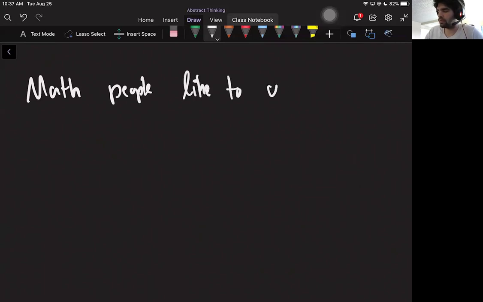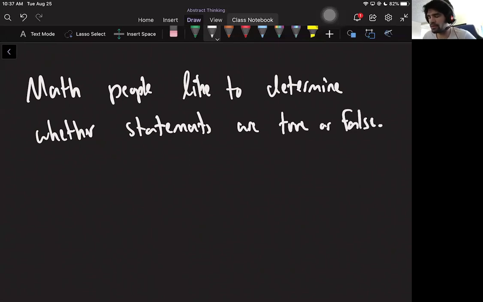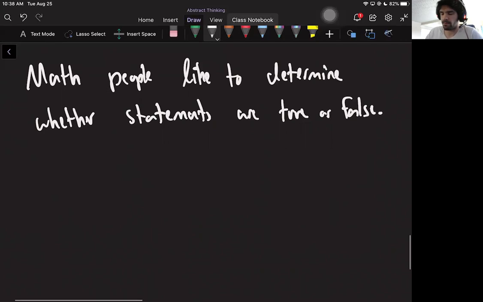They like to determine whether statements are true or false. That's why we study statements, because they can be true or false. They are one or the other. And so math people like to determine which one they are. Sometimes it's obvious, and other times it's not obvious.